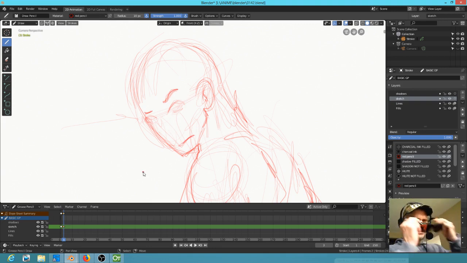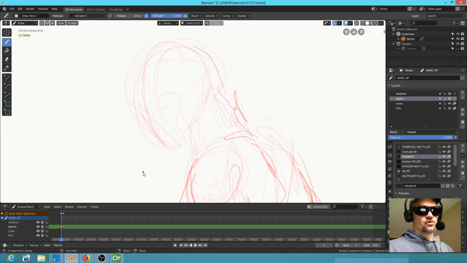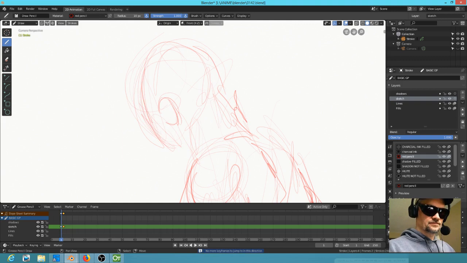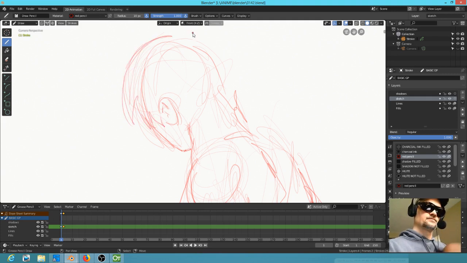We'll get it. We will get it if it kills us. Okay, so this key is supposed to be his ear. There's his sort of bull neck. And now we want to make sure that the volume of his hair is sufficient.